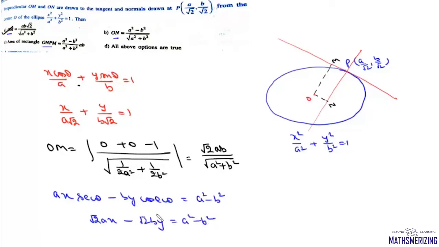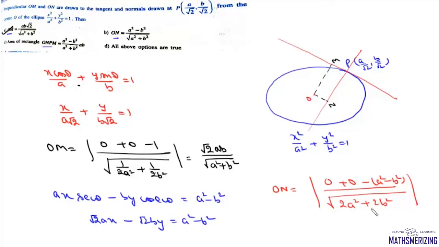Now we'll find ON. So ON will be 0 plus 0 minus a square minus b square upon under root of 2a square plus 2b square. So we'll get ON as a square minus b square upon root 2 under root of a square plus b square. So that means option number B is incorrect.